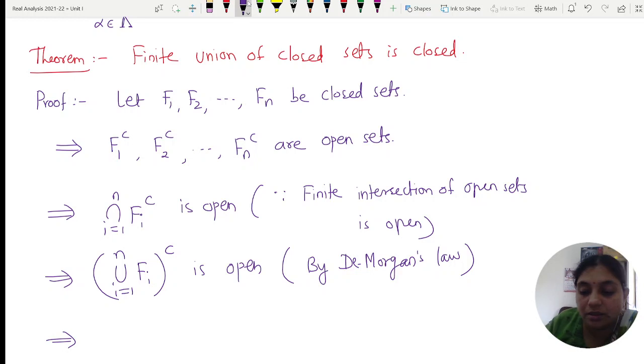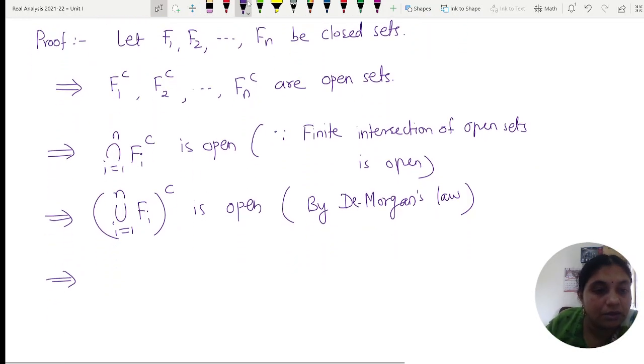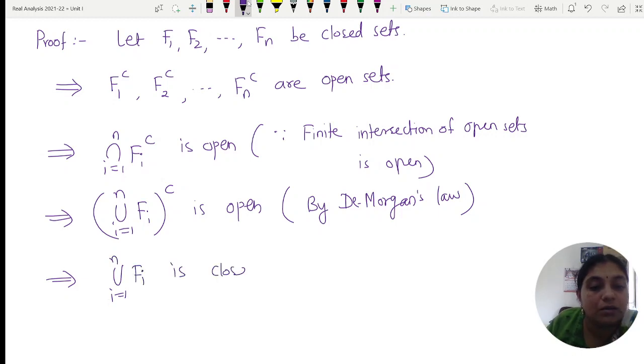So this implies the union over i equal to 1 to n of Fi is a closed set. Is that right? Okay.